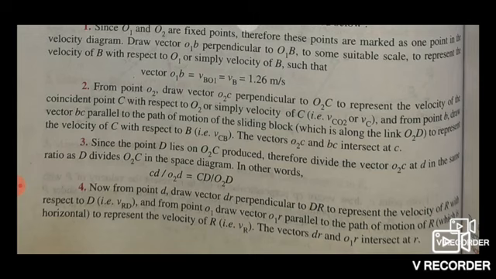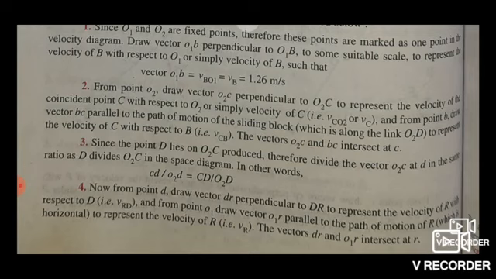Fourth point, from point d, draw vector dr perpendicular to DR to represent the velocity of R with respect to D, that is V_RD. And from point O1, draw vector O1r parallel to the path of motion of R, which is horizontal, to represent the velocity of R, that is V_R. The vectors dr and O1r intersect at r.